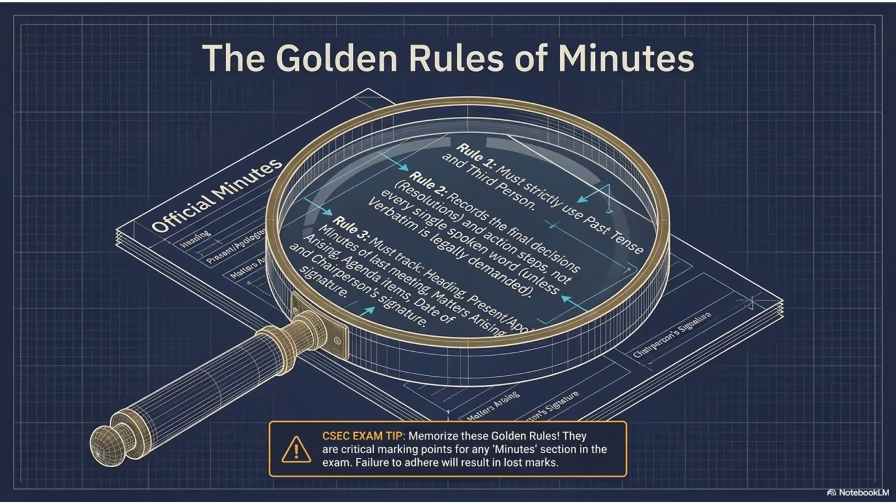Heading, which will be minutes, the name of the company, minutes, who was present, who was absent, the minutes of the last meeting, whether it was read or not, the matters arising, the different agenda items that were discussed, the date and the chairperson's signature.